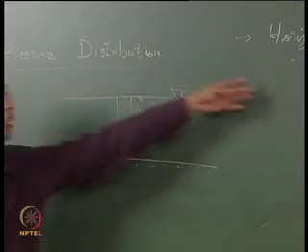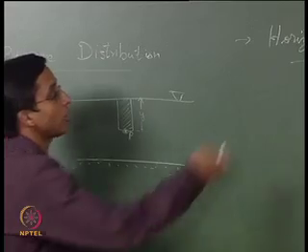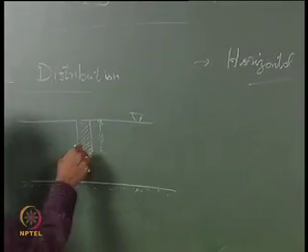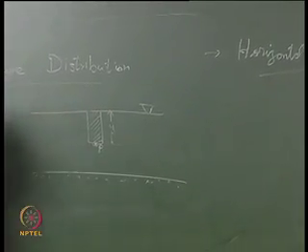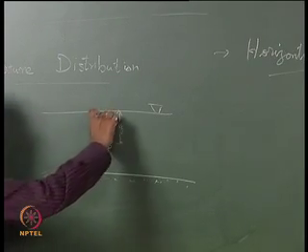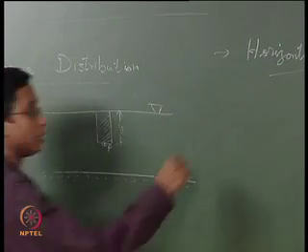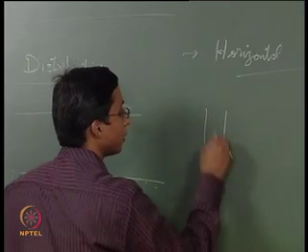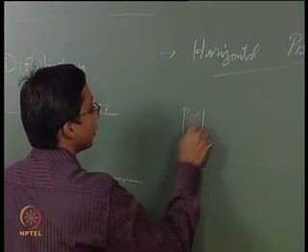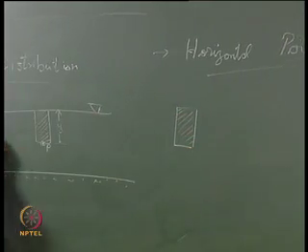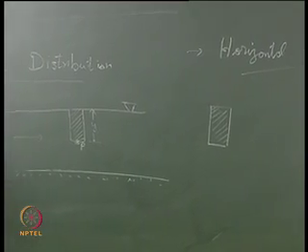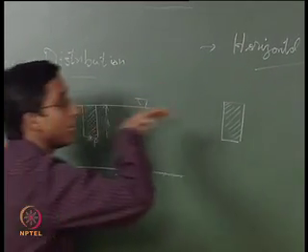So, horizontal parallel fluid flow. If you take the same elemental strip, now in this case the fluid is flowing parallelly.